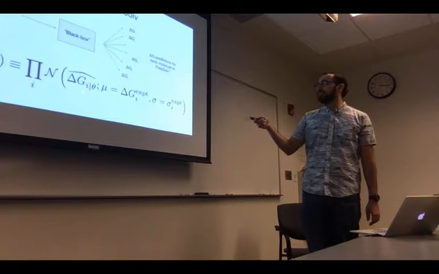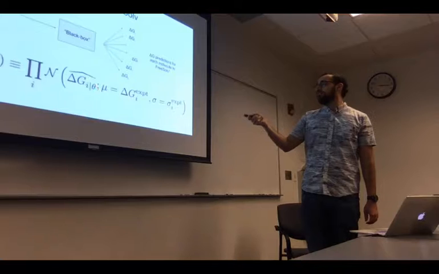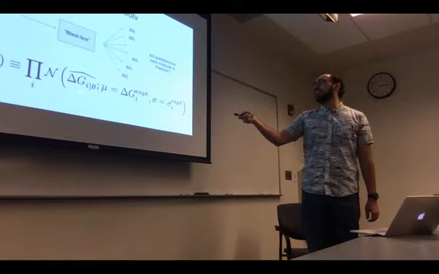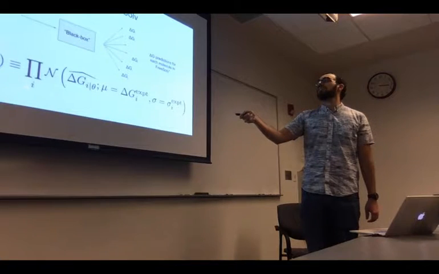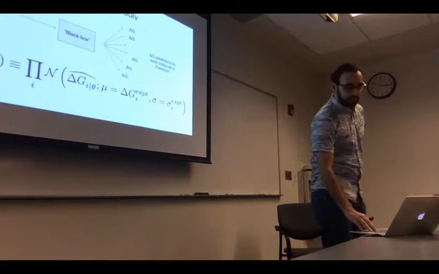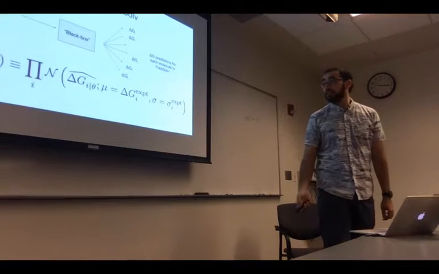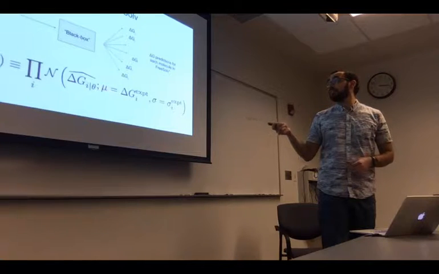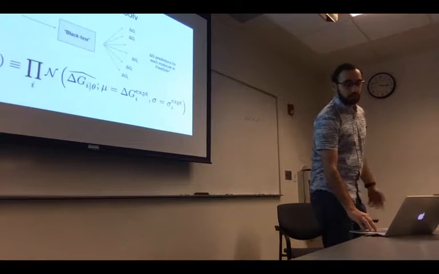So we put a Gaussian centered at the experimental value with a width given by the experimental uncertainty, and we see how far away that is, and we multiply over all the independent predictions.